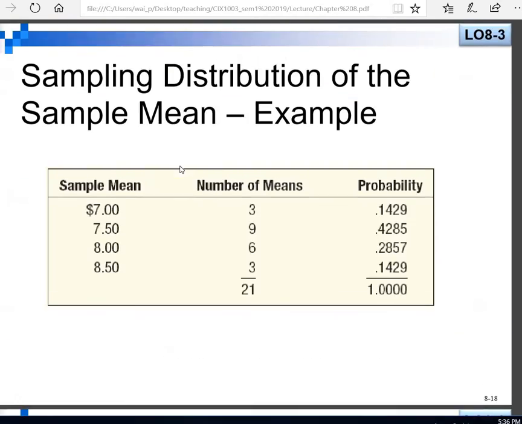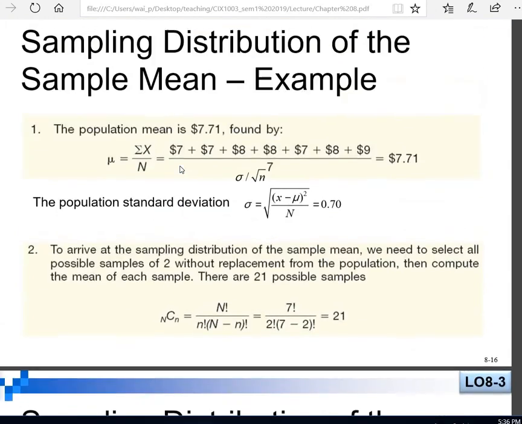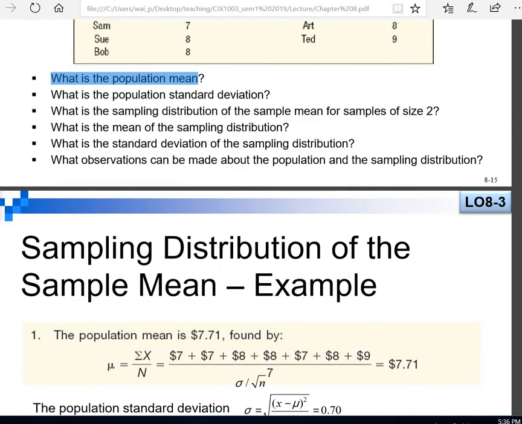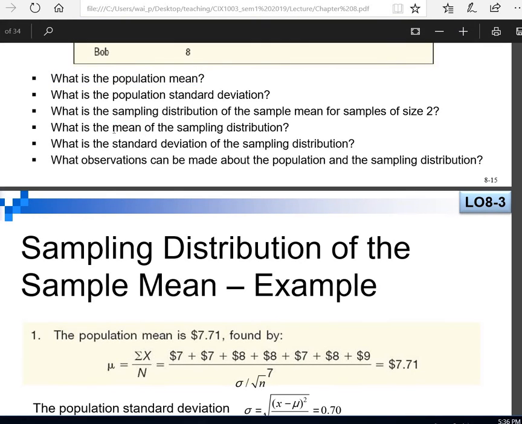Okay. Now, the question is asking, what is the mean of the sampling distribution?